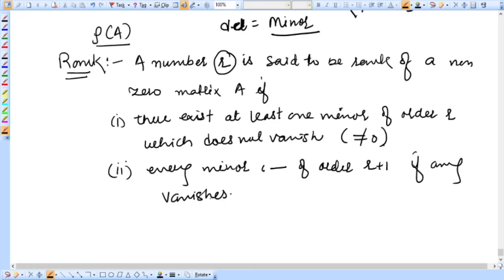They should vanish. Okay, so let me illustrate this with the help of an example.